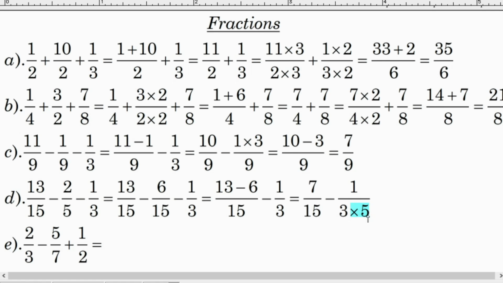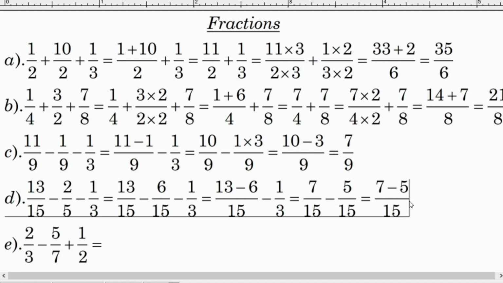So we also have to multiply the numerator with 5. So then we can see that here we have the same denominator, 15. And then 1 multiplied by 5, then equal to 5. Okay, so we just put the same denominator, 15, and then we take 7 minus 5, then equal 2 divided by 15.